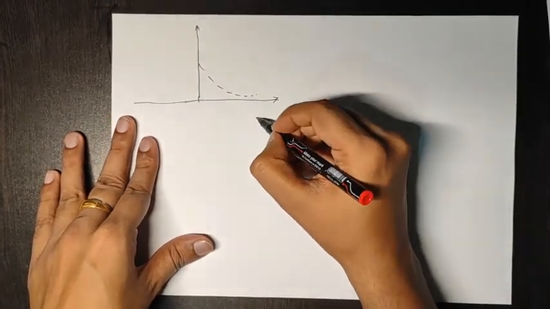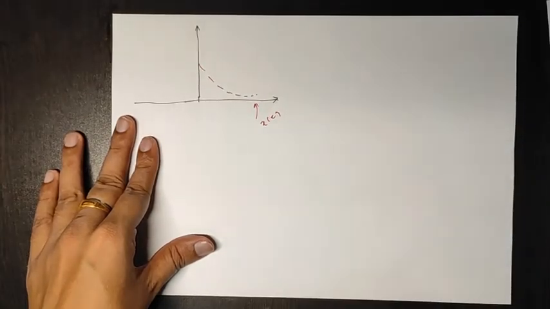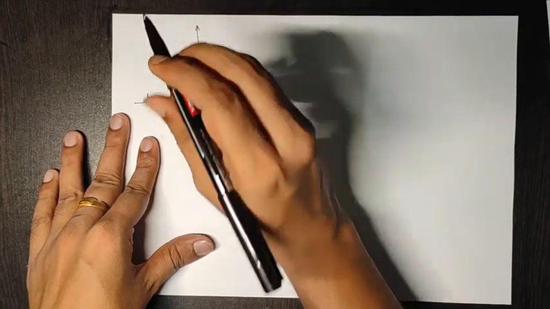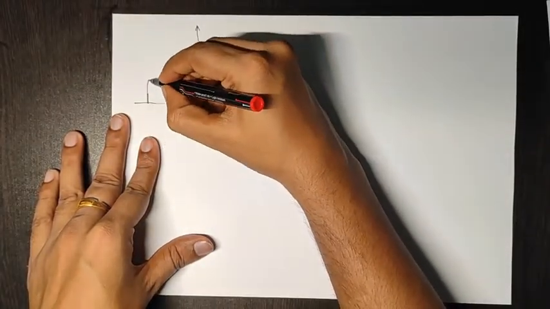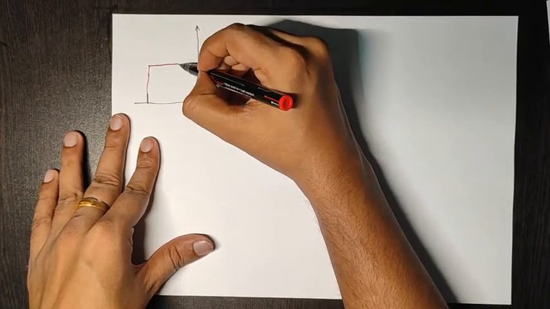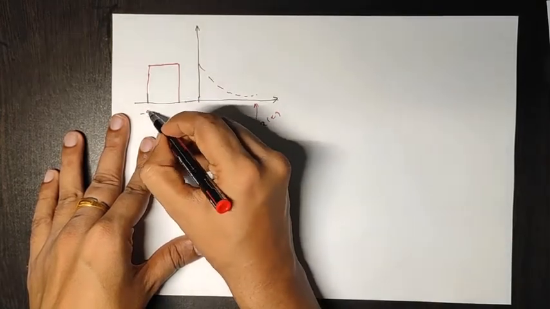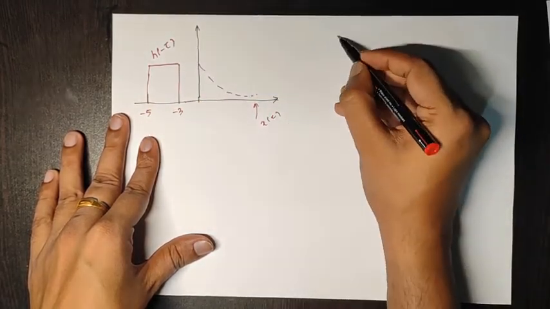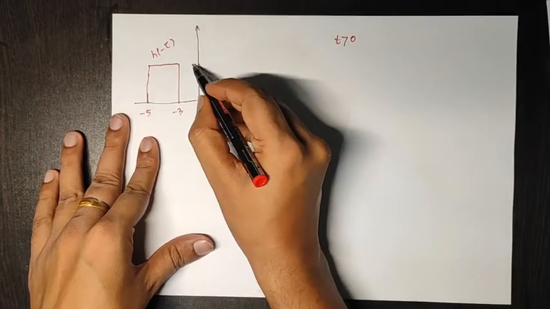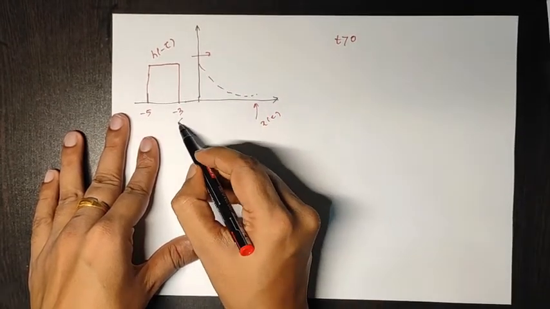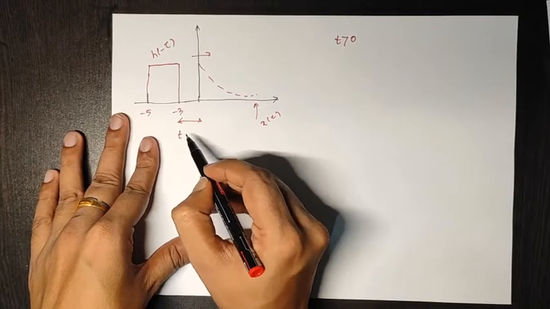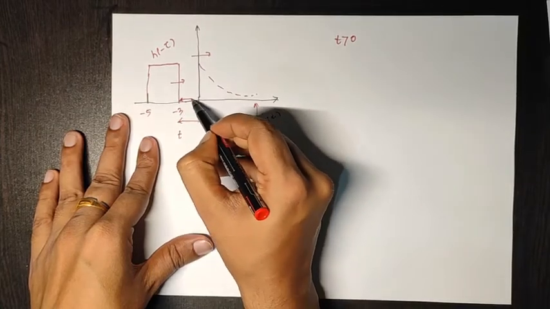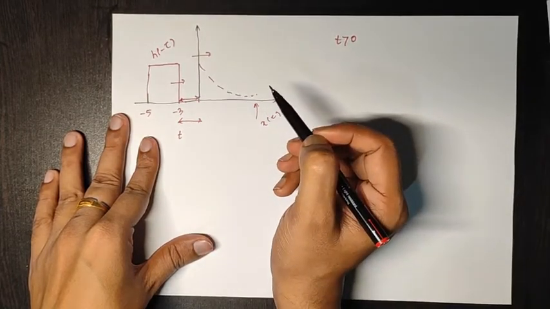This is x of tau, and this is h of minus tau. Now we will shift it rightward. Till a shifting of a maximum of 3 units, there will still be no common area.